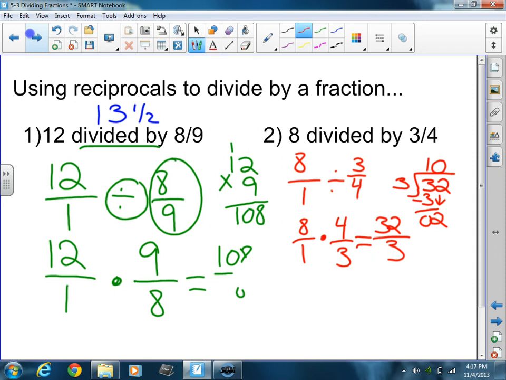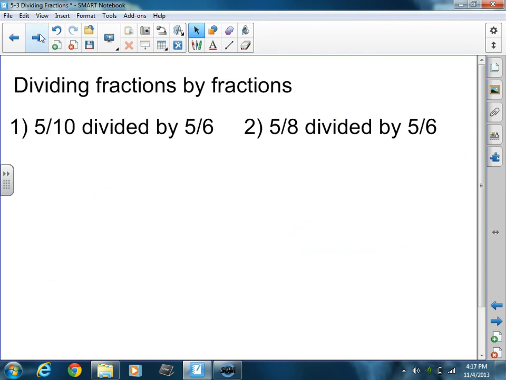And so there are 2 left over. So my answer for 8 divided by 3/4 is 10 and 2/3. Again, not complicated whatsoever. Just taking what you know about multiplication and using that to solve division problems.